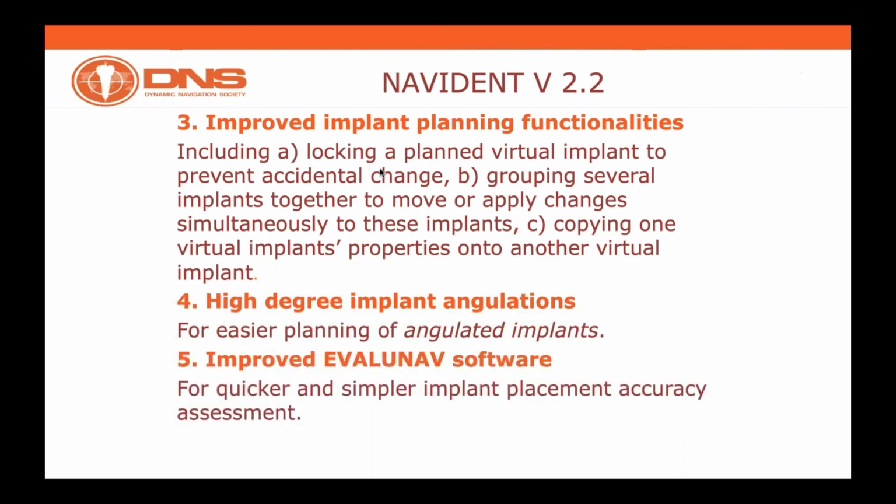Of course, we will also introduce the topic of an improved Evalunav. Evalunav is the software which is in the Navident ecosystem, and it's a software which enables users to compare a post-op CBCT with a pre-op CBCT in order to assess how accurate the implant placement was during the surgery.